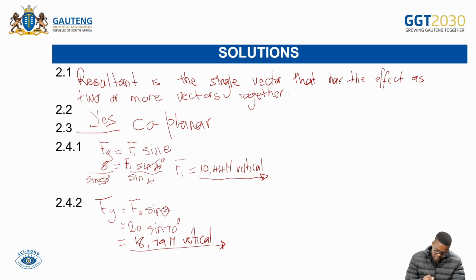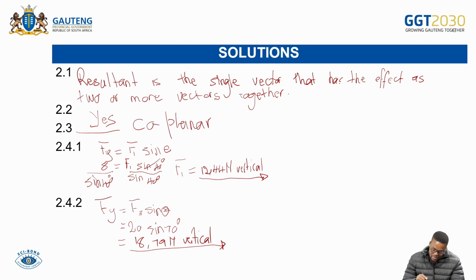So you divide by sine 40 degrees on both sides. Now your answer will be different. 8 divided by sine 40 degrees is going to give you 12.44. So the answer is 12.44, sorry.